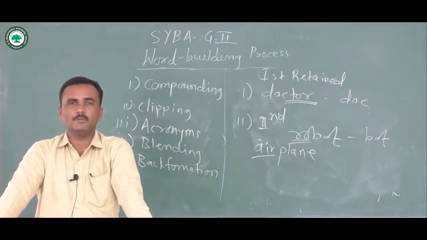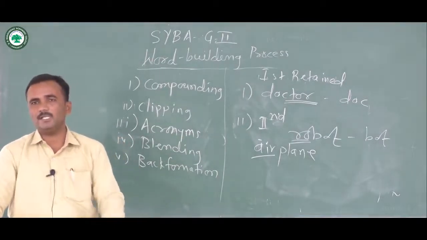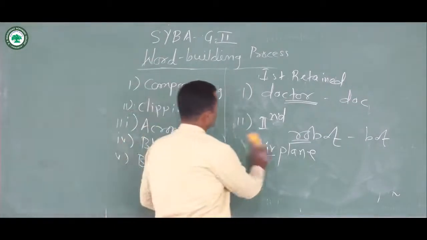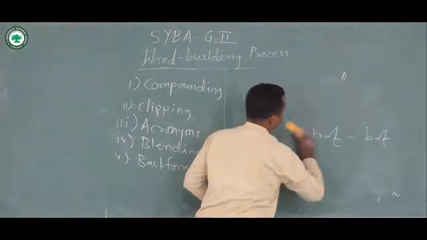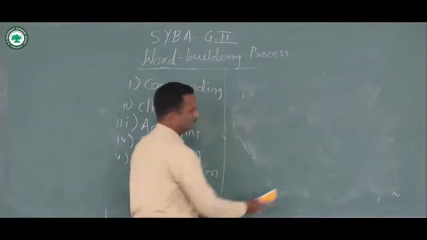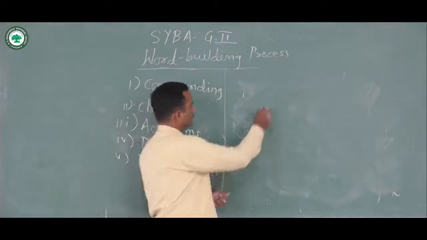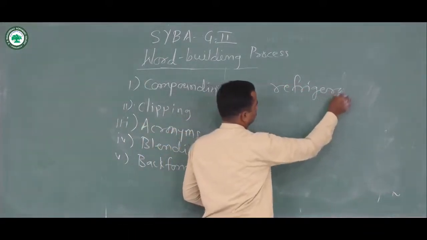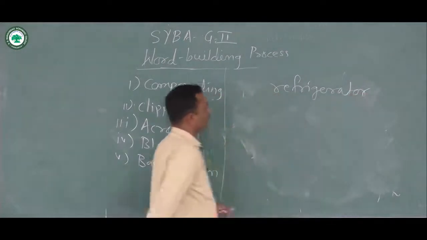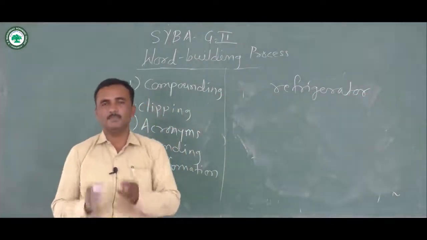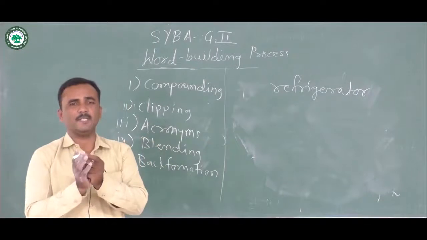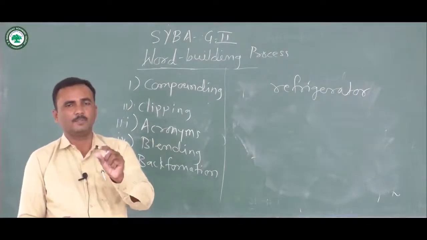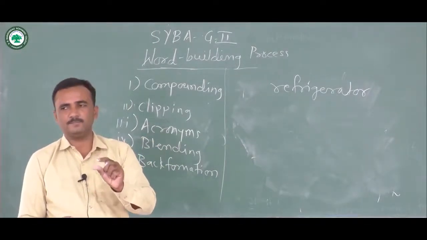For example, look at the word refrigerator. In refrigerator, the middle part is retained and clipping takes place at both ends. So both ends are clipped.